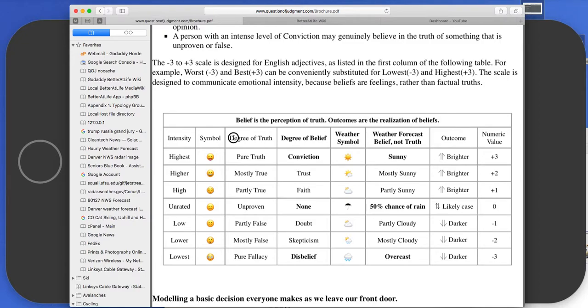When we talk about degree of truth, we're talking about absolute or pure truth, or absolute or pure fallacy, and then some shade of gray in between. For degree of belief, what we're really saying is something between conviction and disbelief. And in between there could be trust or doubt.